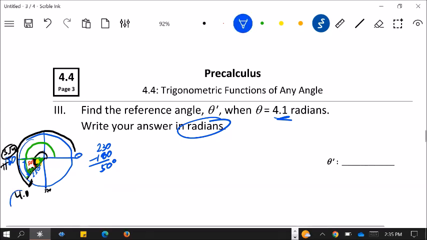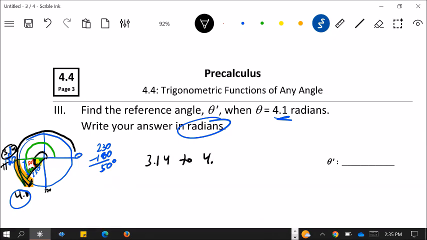Now, if that's 4.1 and this is 3.14, what we want is this distance here, from 3.14 to 4.1. That would be the reference angle going from the 180 area to where about 4.1 is.